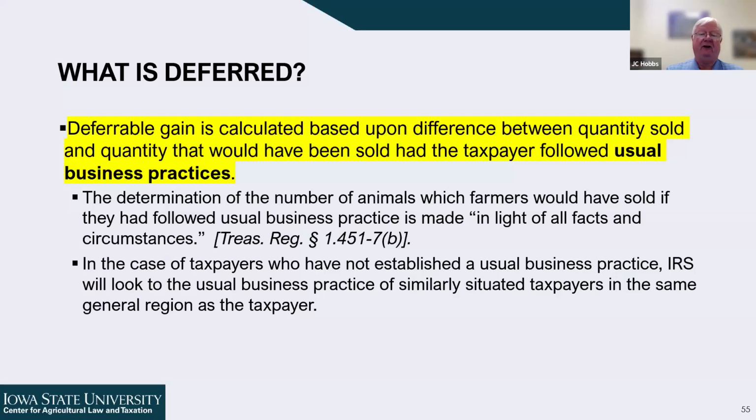Typically, we require looking back 3 years at animals sold in each of those years to determine what is normal. Anything above that 3-year average would be considered abnormal, the excess. If we haven't been in business very long, then the IRS looks to what others in the area in a similar situation would be doing and gives the new farmer the benefit of the doubt. So it doesn't hurt.